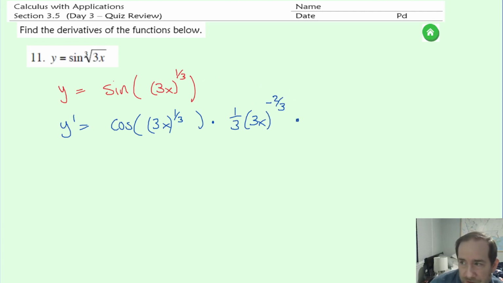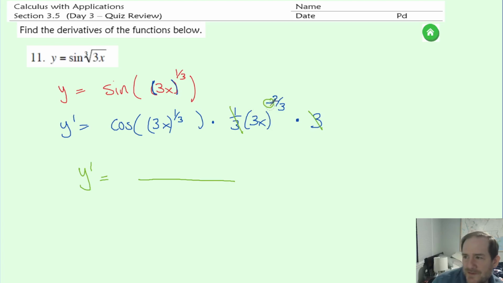But wait, there's more, because our inner function has an inner function, the 3x, which means we'd also pop out a factor of 3. So here in navy blue you see all the pieces of our answer. And hopefully right away you notice that the 1/3 and the 3 will cancel out. You may also notice that since this has a negative exponent, it's going to go down into the denominator for us.